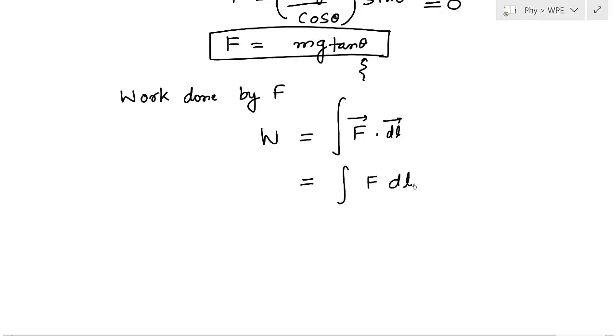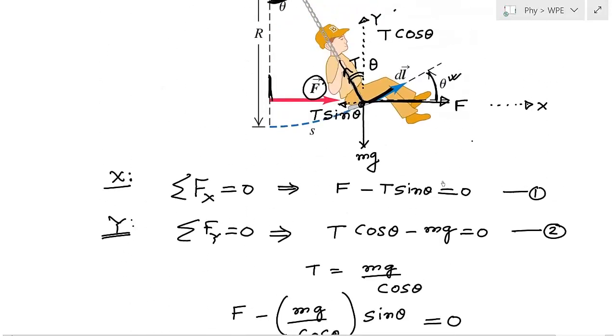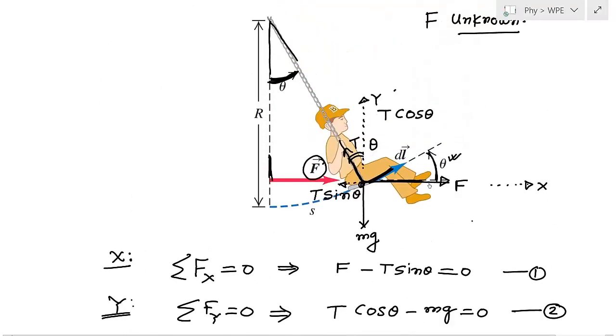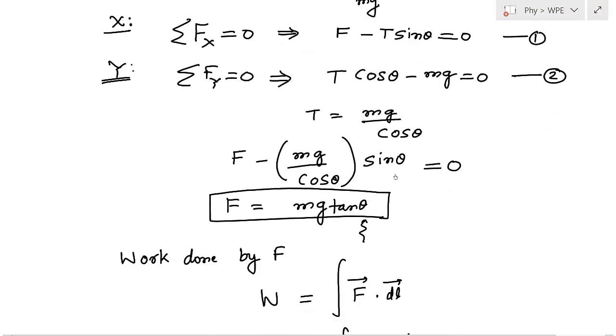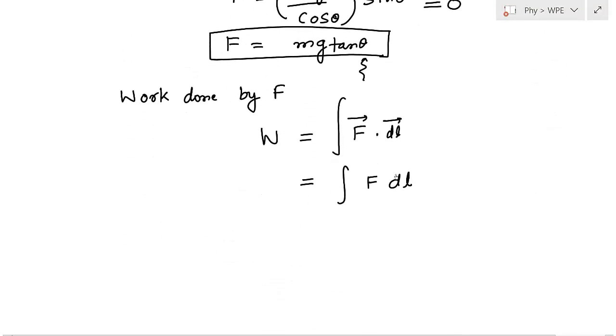Theta. If you remember, we just showed the angle between F and dl. So this is the F vector and this is the dl vector, and the angle between these two is theta. So I can simply write the dot product as F dl cos theta. Now furthermore, I can write dl equals r d theta.